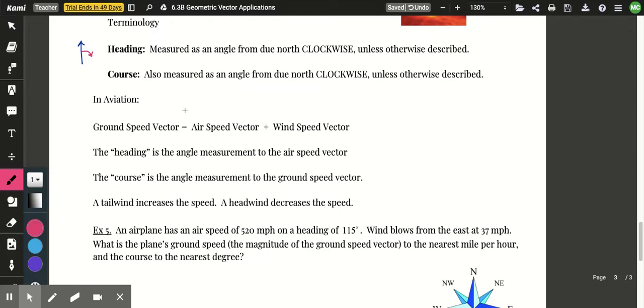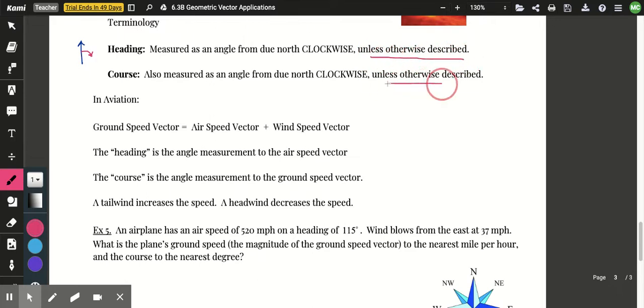Course is also an angle that's measured from due north clockwise. So with these navigation problems, they're always measured from due north clockwise. And this is actually how people talk about angles for vectors in actual navigation. It's measured from north, unless otherwise described.